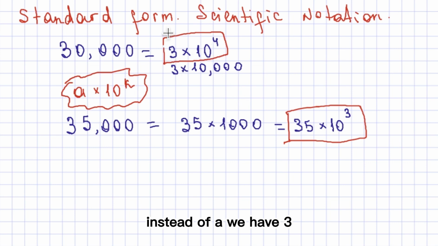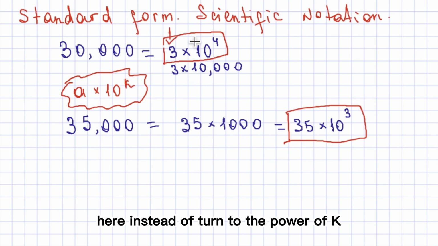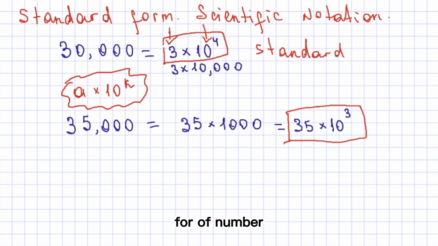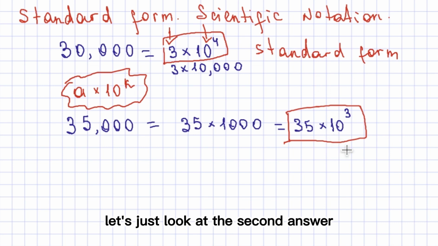Instead of a, we have 3, and instead of 10 to the power of k, we have 10 to the power of 4. Actually, it follows all the rules. a is between 1 and 10: 3 is between 1 and 10. k is an integer: 4 is an integer. So this is standard form of number.